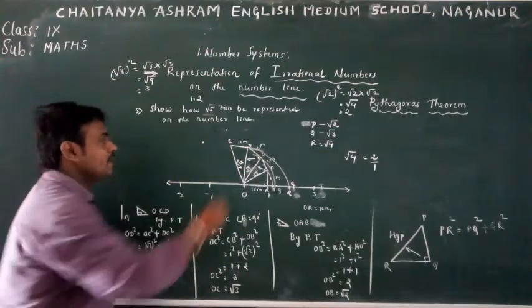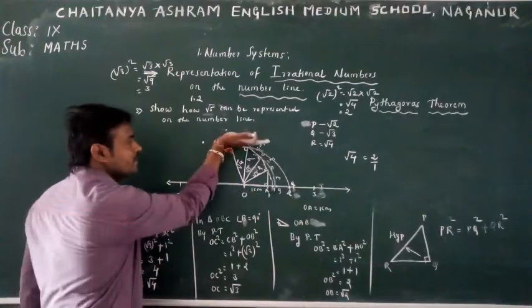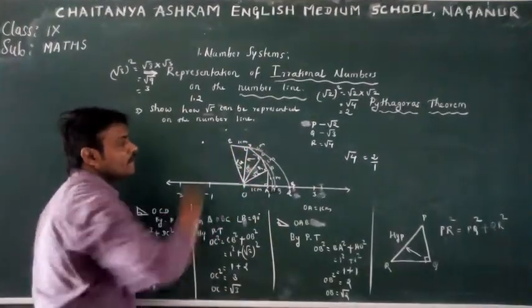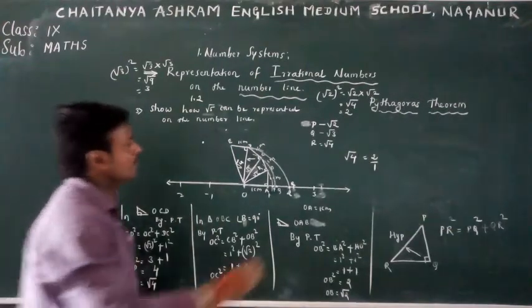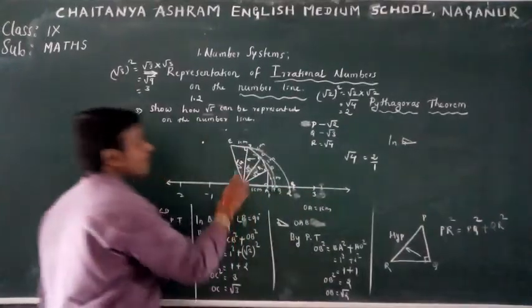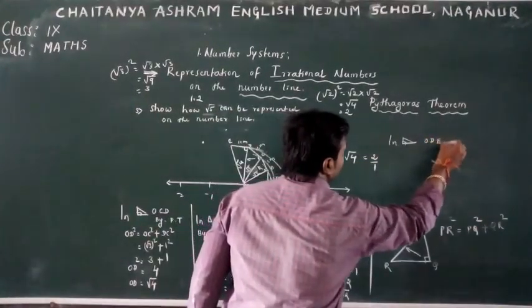Then join OE. Here what is the angle? 90 degrees, because this is perpendicular to this. So again, which type of triangle is formed? Right angled triangle ODE.